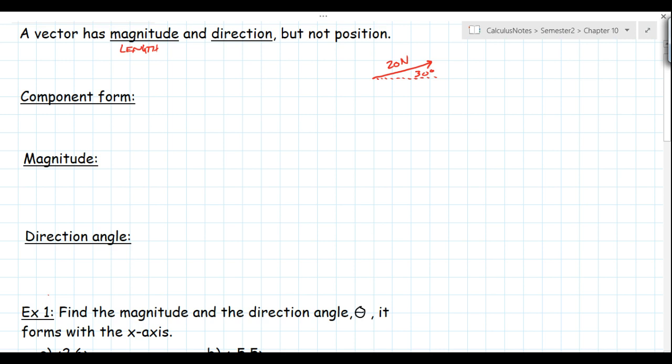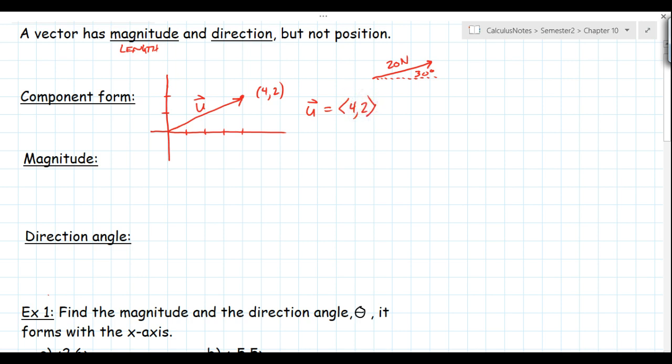Writing vectors in component form: if you think of a vector on a coordinate system, if I had a vector that started at the origin and ended at the point 4, 2, then we would just call that vector, if this is vector u, vector u in component form, 4, 2.